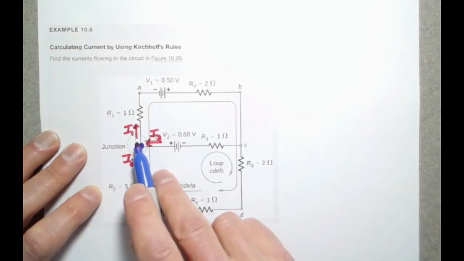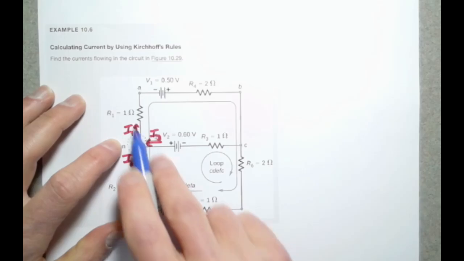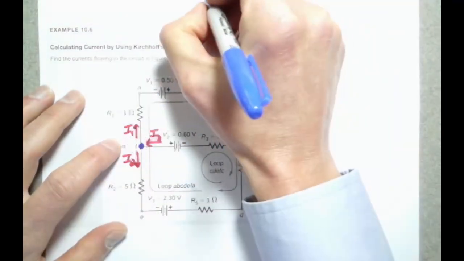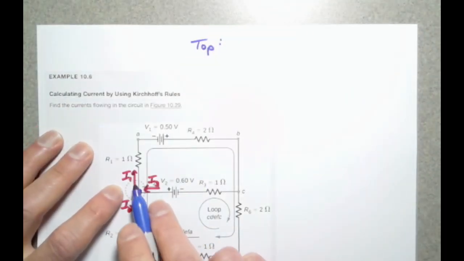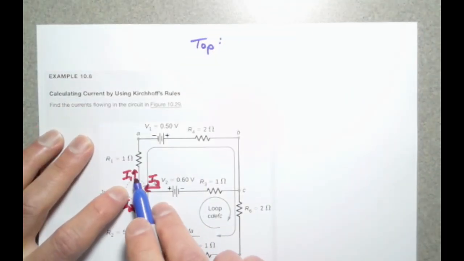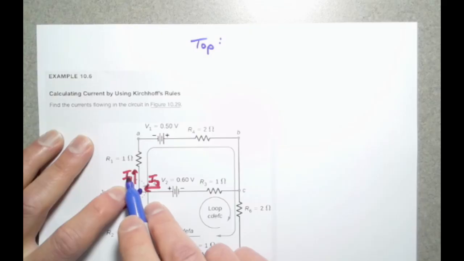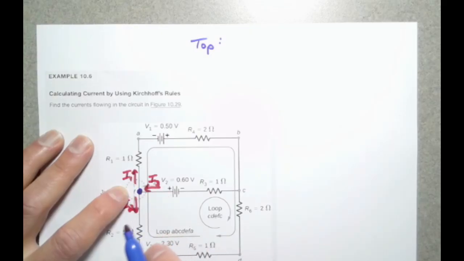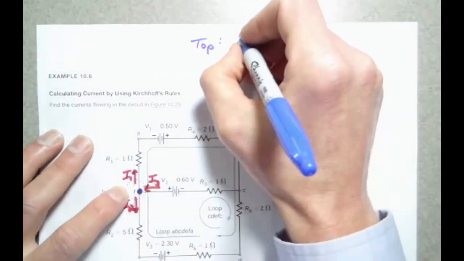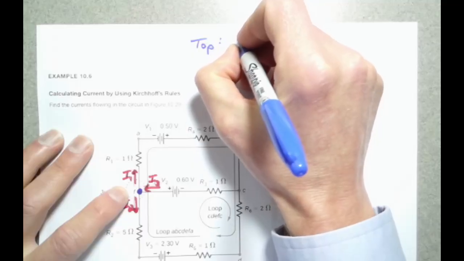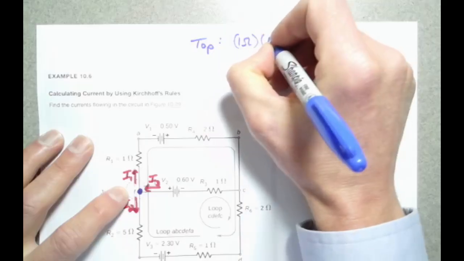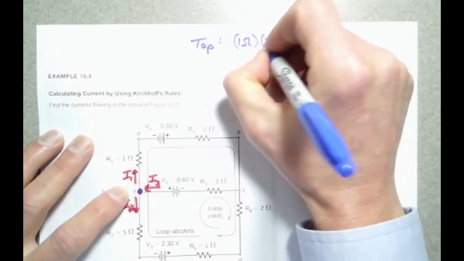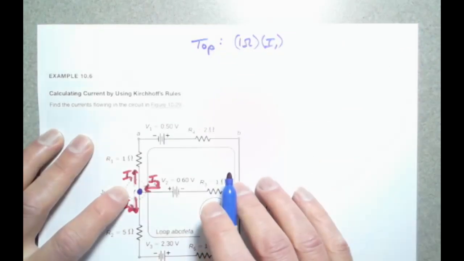Okay? So in the top loop, I'm going to have this. I'm going to go down I1 times 1 ohm, right? Because this is V equals IR. So that's the first term.